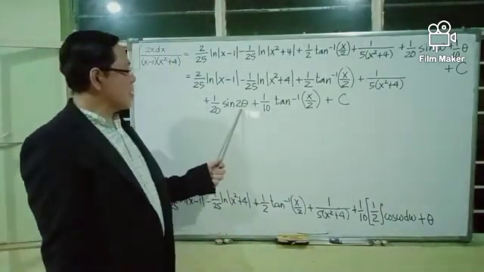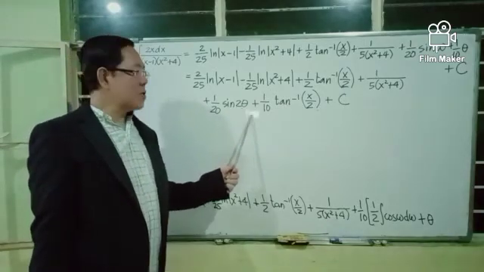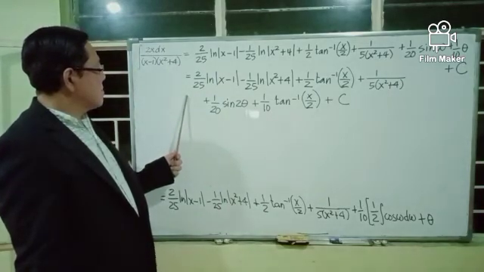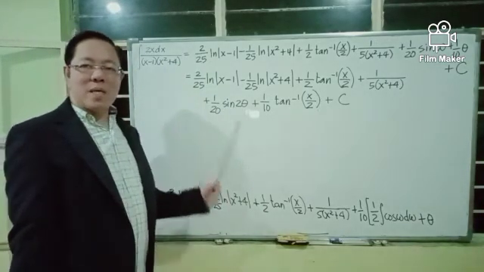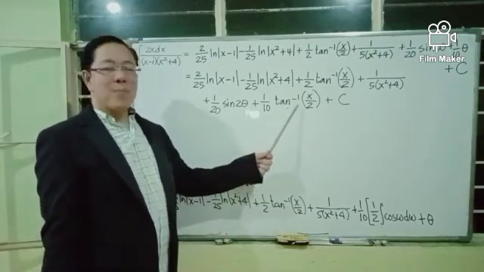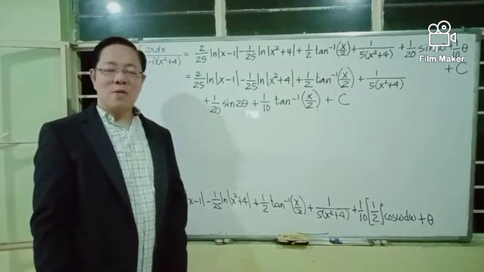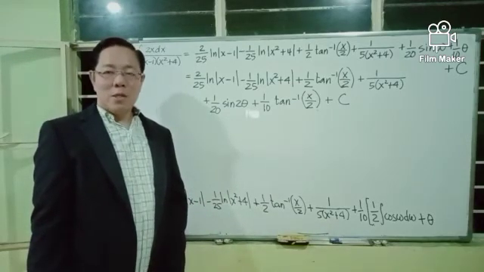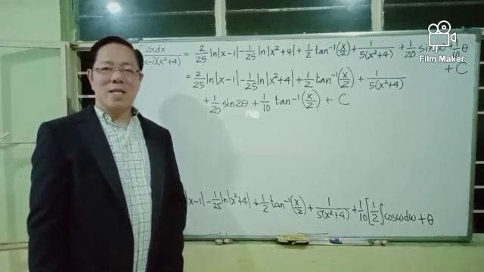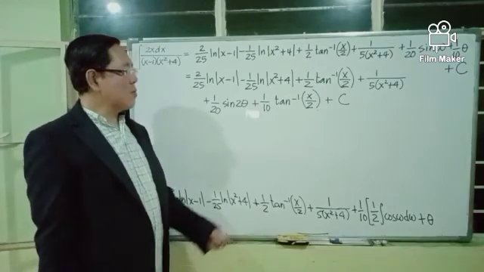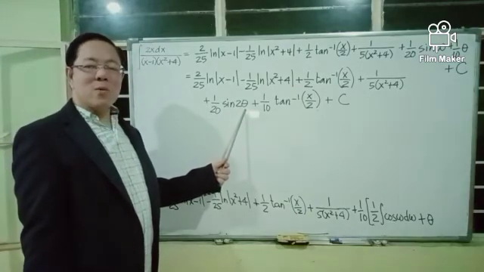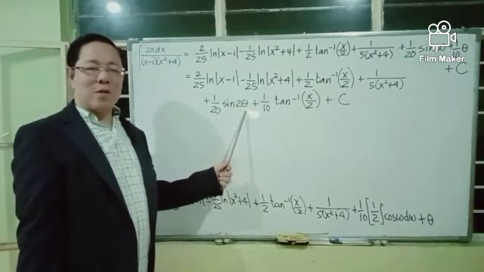Again, we replace theta with inverse tangent of x over 2, so that our answer will be in terms of the original variable x. And inverse tangent of x over 2 is obtained from the substitution we made earlier, x equals 2 tangent theta. From that equation, we get theta equals inverse tangent of x over 2. We now replace theta here with inverse tangent of x over 2.